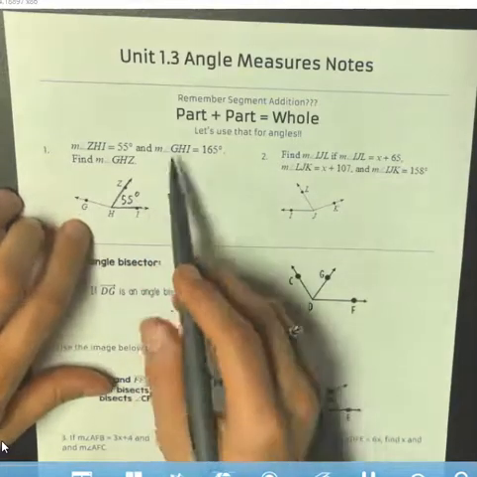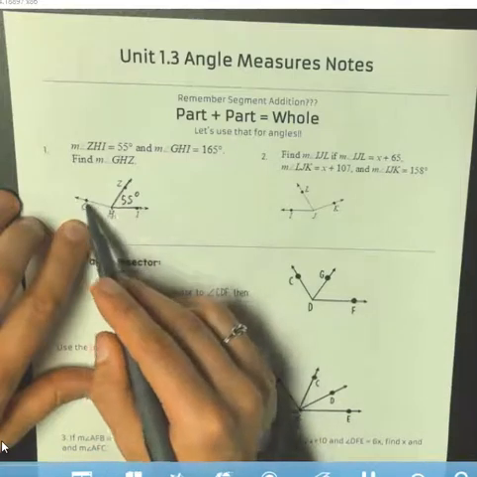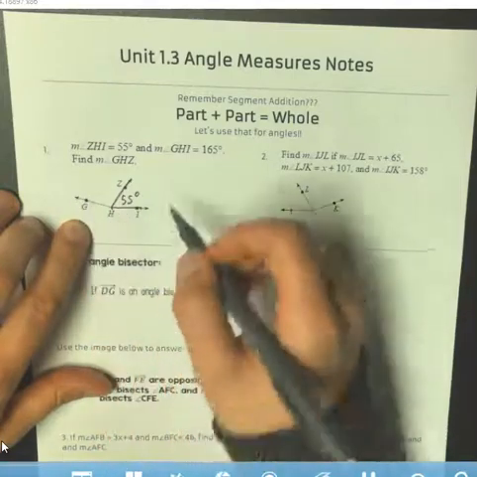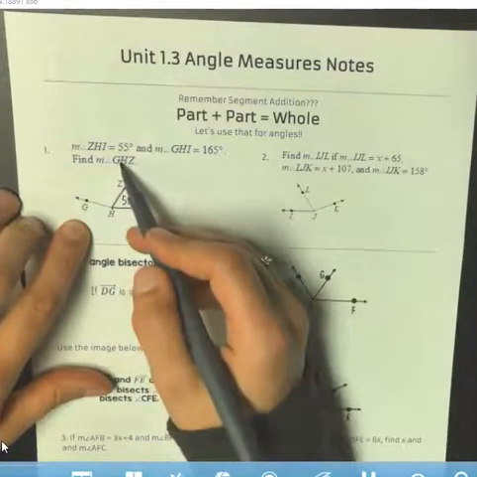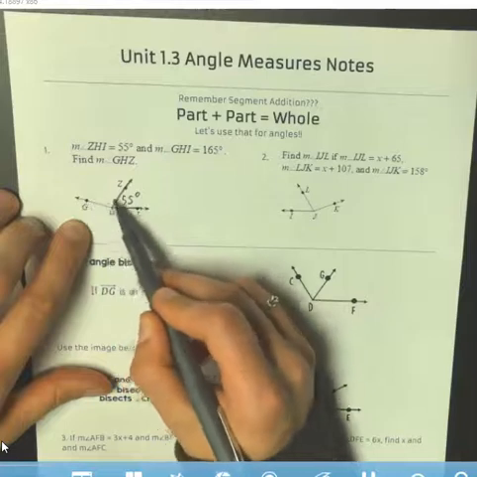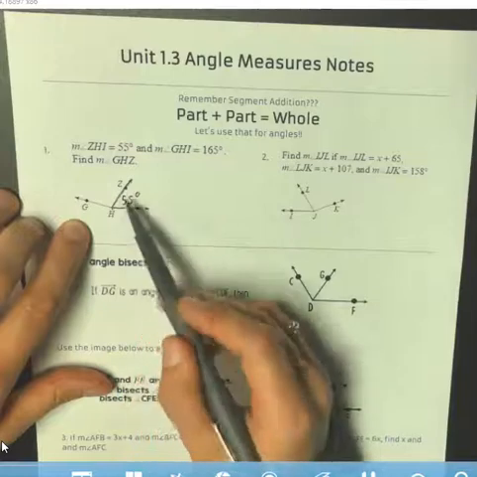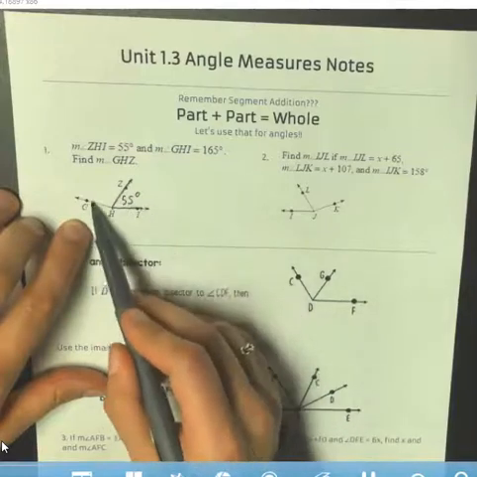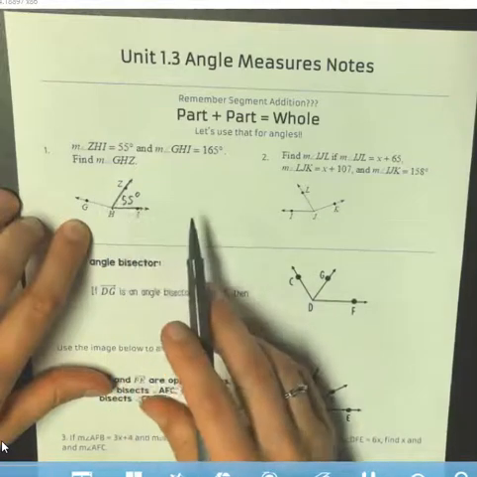And it says measure of angle GHI, so this whole thing, the big thing, is 165 degrees. Find measure of angle GHZ. So that's this right here. We have the whole is 165, and a part is 55, so we just subtract this part to find this missing piece right here.